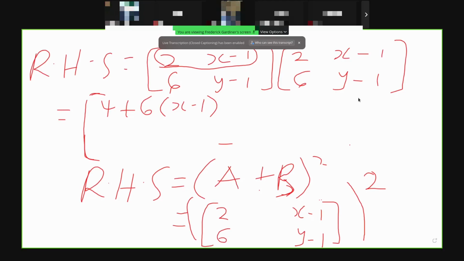Then it multiplies the second column of the second matrix. That means 2 will multiply x minus 1 to give us 2 times x minus 1.